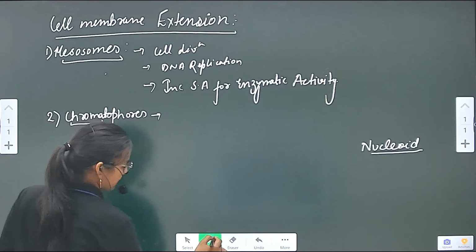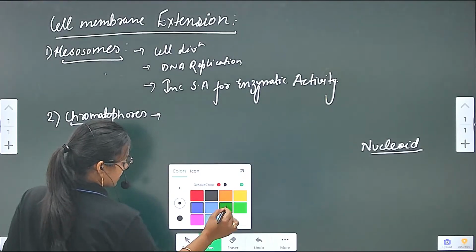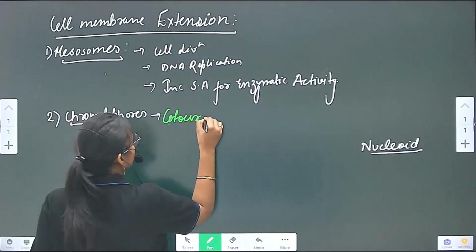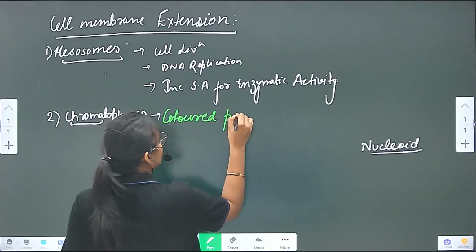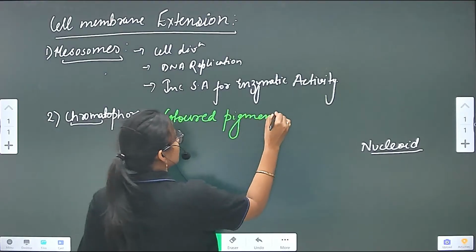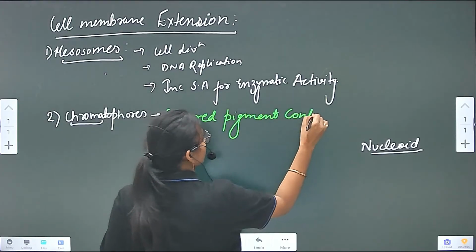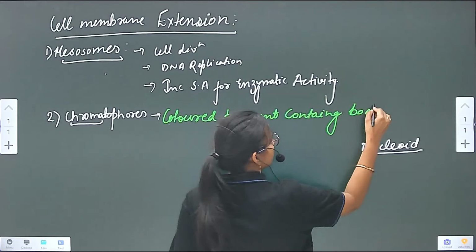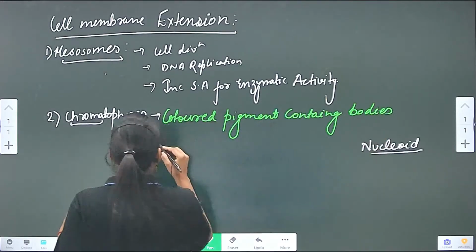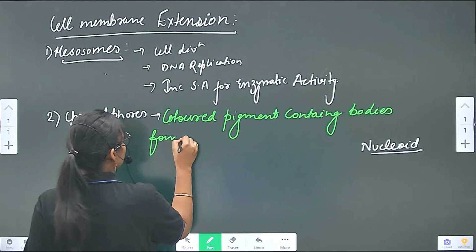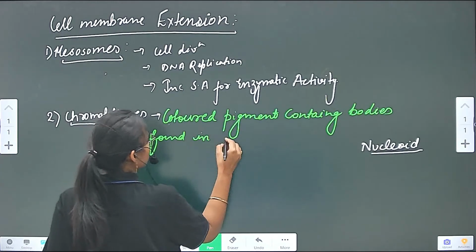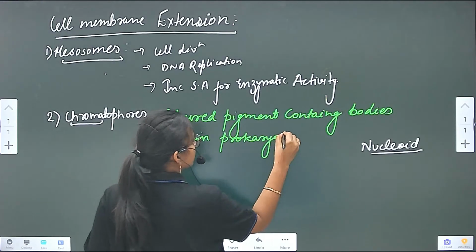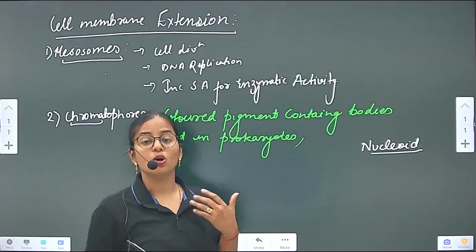So let us see. Chromatophores are the colored pigment containing bodies found in prokaryotes, that is bacteria only, but not all the prokaryotes.